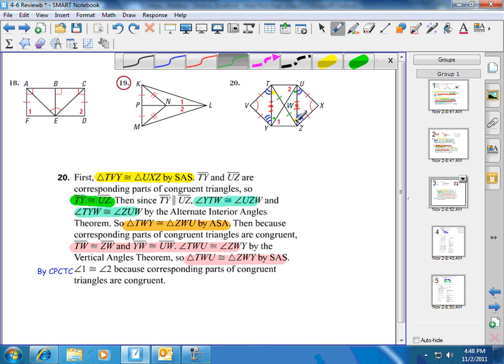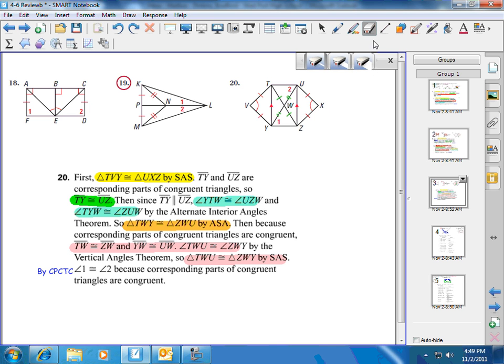Notice how they match up. This angle here matches up with this angle here, and then our vertical angle. So TW is congruent to ZW, and YW is congruent to UW. Okay? So let's get rid of all this right now so it's not so much in our way.